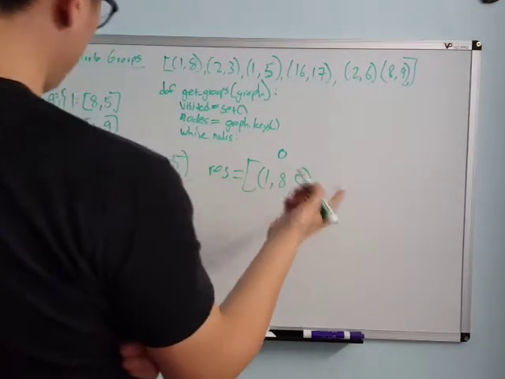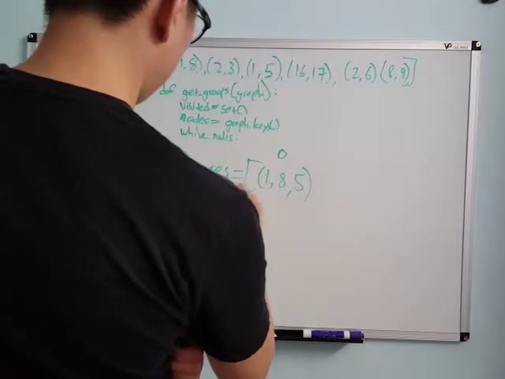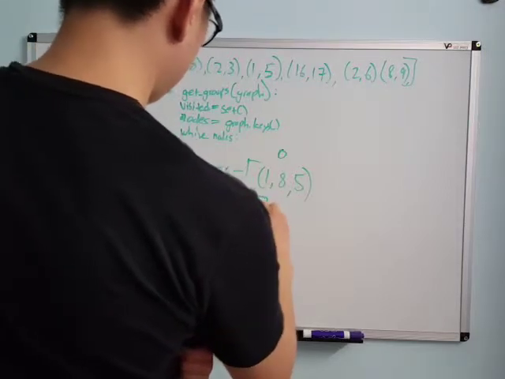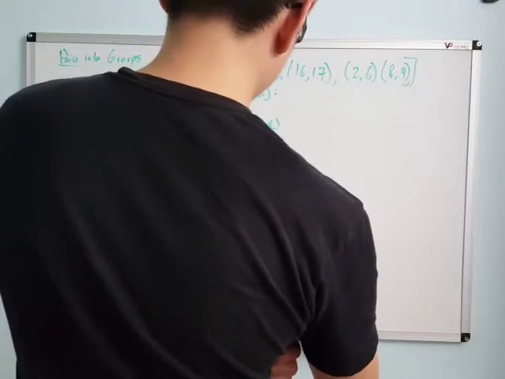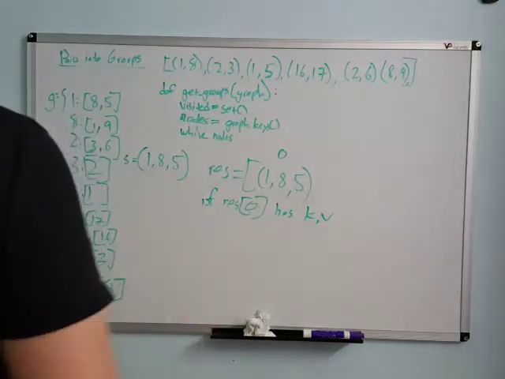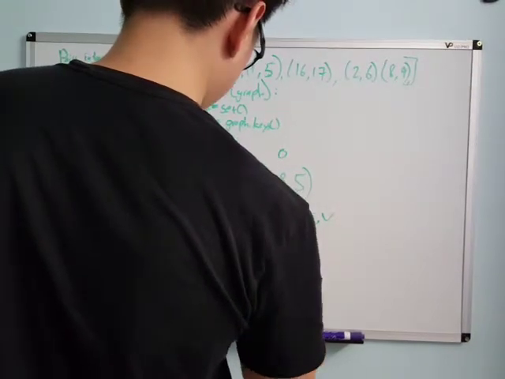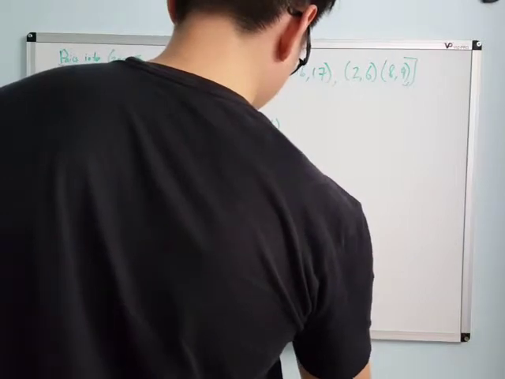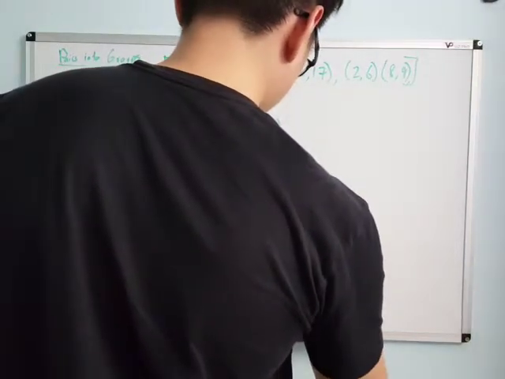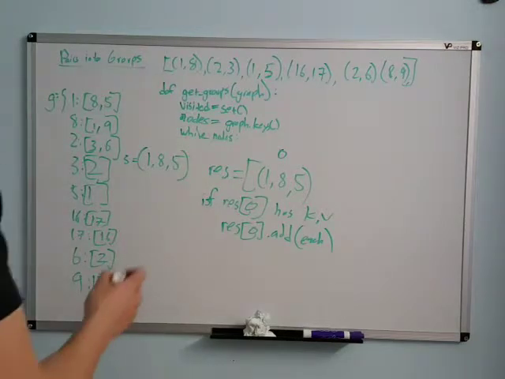We can go through the indices. If res of 0 has key or value, res 0 dot add each of the current. And then we would pop this from the queue.